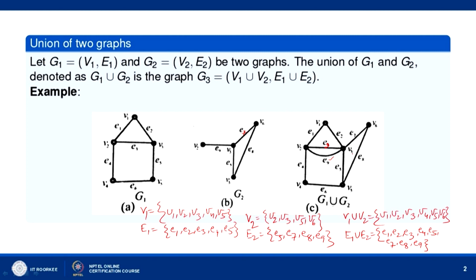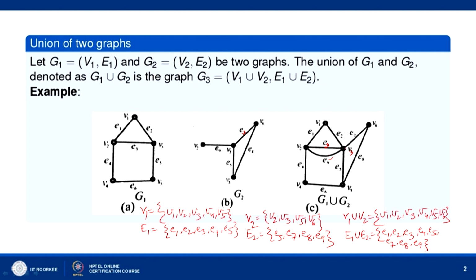Then at V3 we have the edge between V3 and V6. So, we add this edge E7 at V3, and from V5 to V6 we have the edge E8. The remaining figure is the same. So, when we have considered the union of G1 and G2, between V2 and V3 we add the edge E9, which means there are parallel edges E3 and E9.